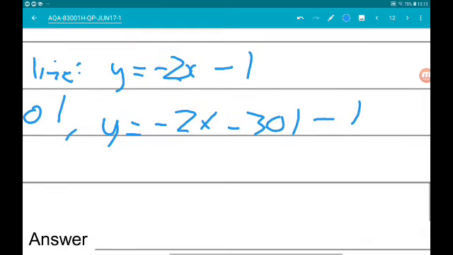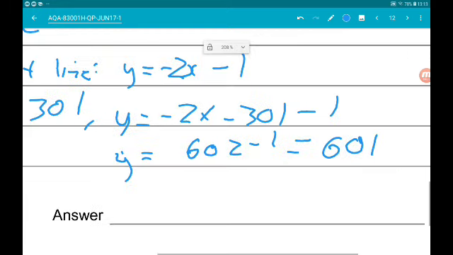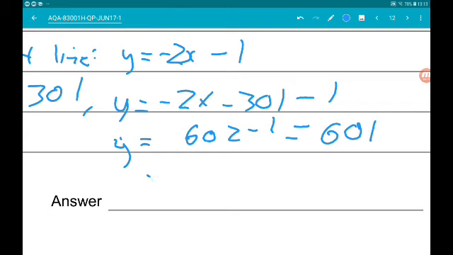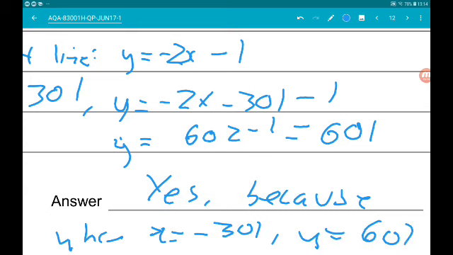Now, minus 2 times minus 301 is 602. Minus 1 gives us 601. So, the answer is yes, because when x is minus 301, y is 601. Cool.